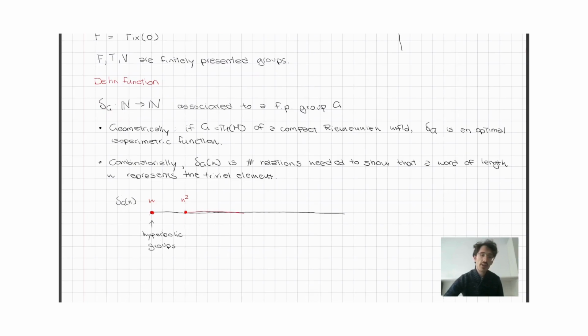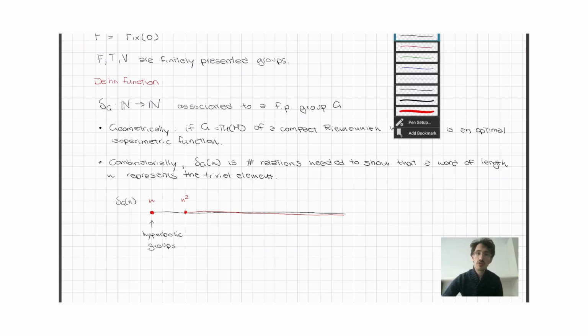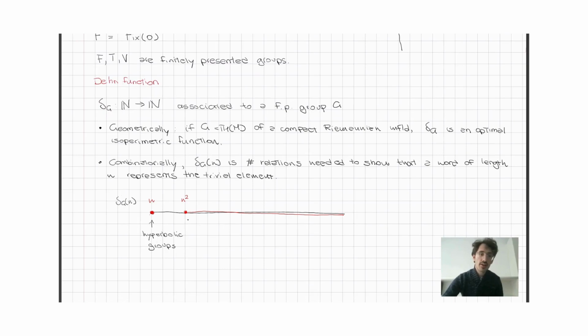But then after quadratic, there's a dense set of possibilities. The functions that can arise are somehow a dense set. So any kind of behavior is possible after quadratic. And a lot of groups have quadratic Dehn function. For example, CAT(0) groups have quadratic Dehn function.